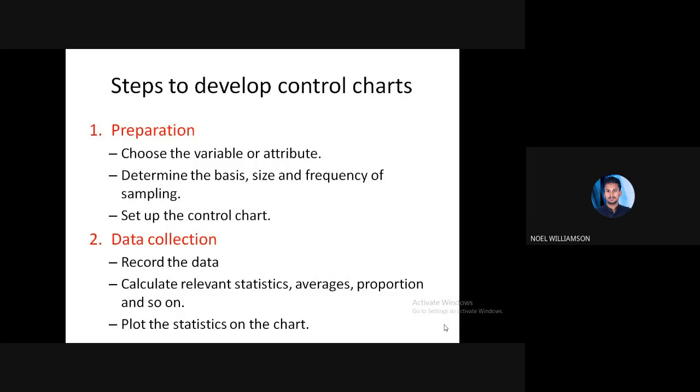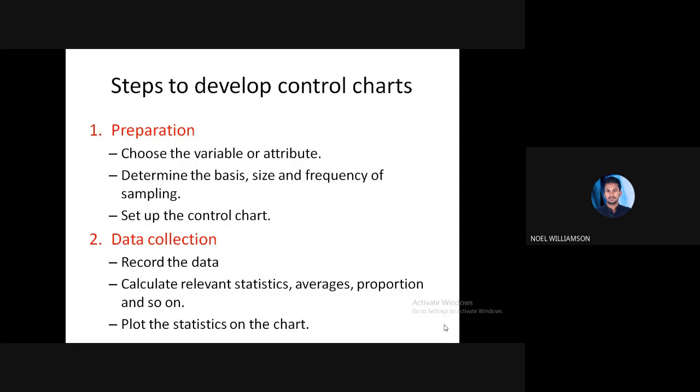That means preparing the chart, or the initial stage. So in preparation, first of all, choose the variable or attribute. We have to choose which variables have to be collected, or the data, which are the variables or what are the attributes.